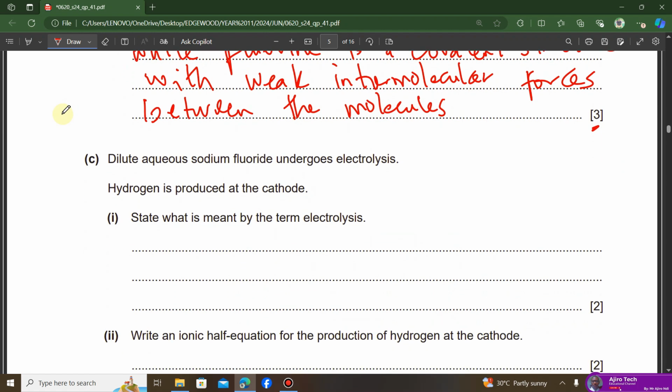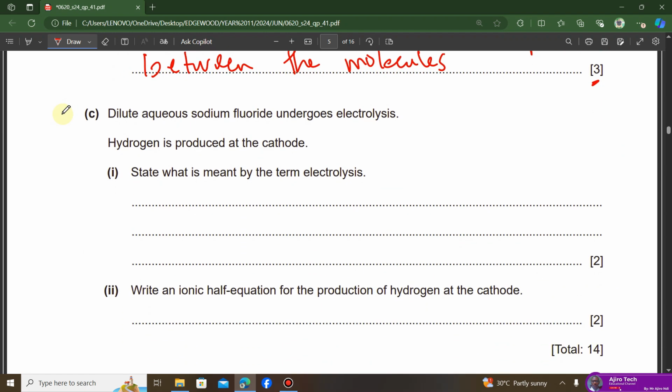So moving to the next question. Dilute aqueous sodium fluoride undergoes electrolysis. Hydrogen is produced at the cathode. So what is meant by the term electrolysis? This is always repeated. So students, learners should always prepare for this question.